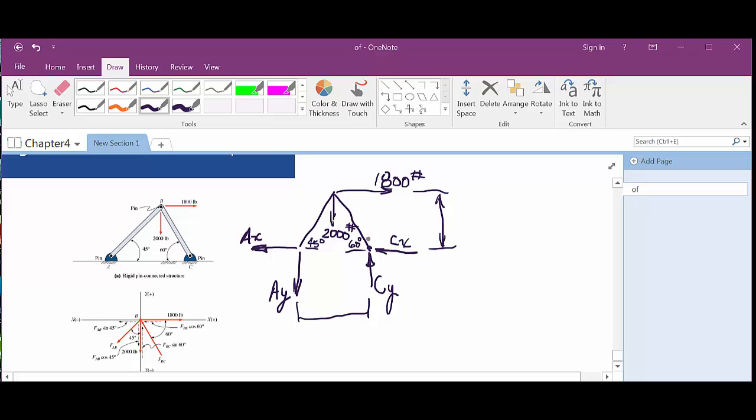Yeah. If it's in compression, then this is probably going to have to push back up. Right, I see that. Because if a member is in compression, what that looks like is this. Compression looks like this, and tension, well, I just did that backwards.